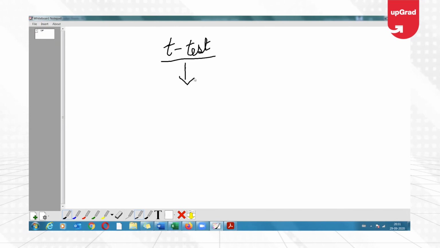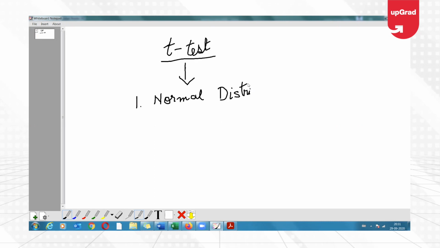So when do we use t-test? So we use t-test when, number one, the underlying distribution is normal. In one of the later lecture series, I will give you a brief overview on what test to use when and what are the conditions. So just now know that t-test works with normal distribution. The same is also applicable for z-test, by the way.